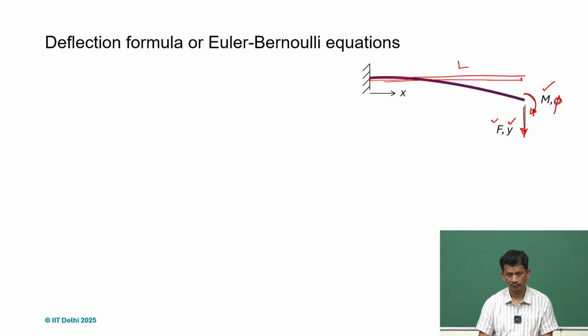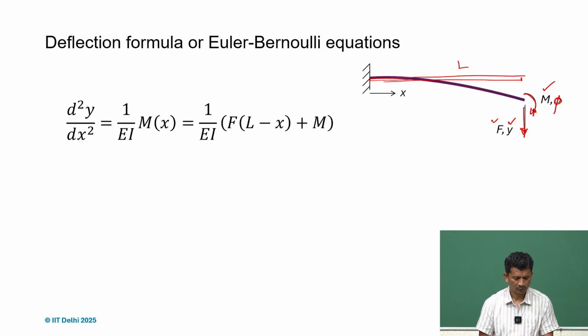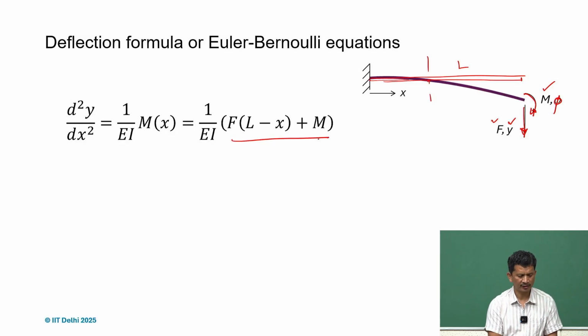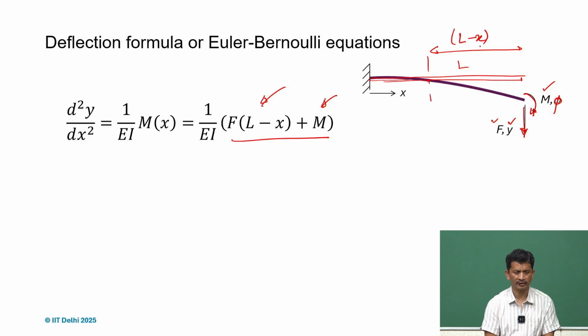So we just go back to the basic derivation, and at any point x, if we take the cross section and calculate, we find that the bending moment is M, and due to F we have F into this distance, that is L minus x, and they are in the same direction, so we add them.